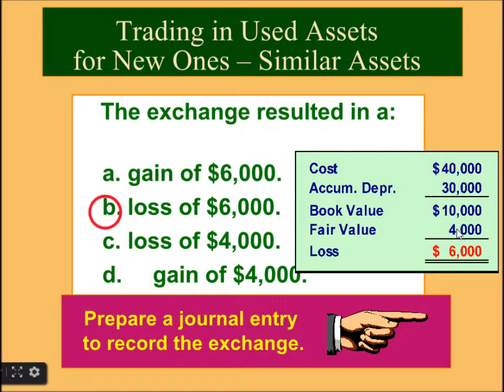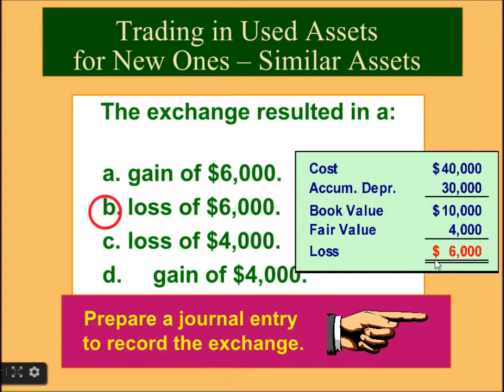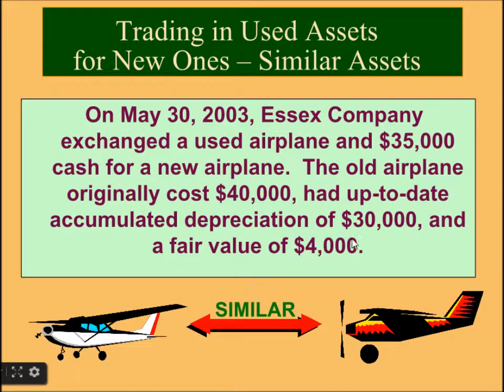So from the book value of 10,000 we will deduct the fair value, and we will get 6,000. Since the fair value is only 4,000, there is a loss of 6,000. The exchange has resulted in a loss of 6,000.